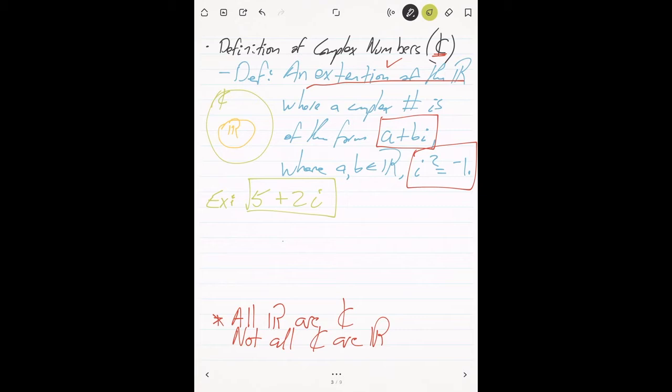This is an example of a complex number. This is a single number. We have to understand that this is how numbers are going to be written in the complex number system. Again, this is a new number system. We've extended it, right? No longer are numbers singular things like 5 or 10 or 150 or 3/4. These are all singular values.